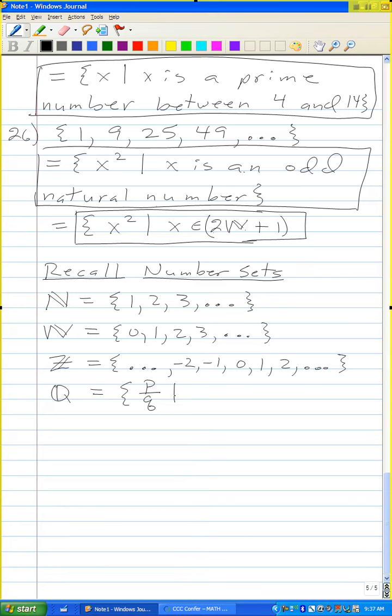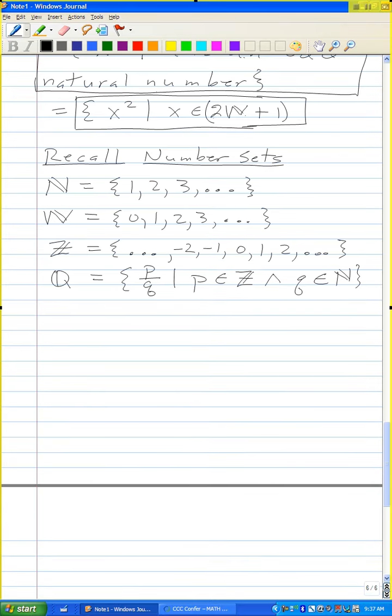Rational numbers: the set of all p over q such that p is an integer and q is a natural number. There's a set of irrationals.